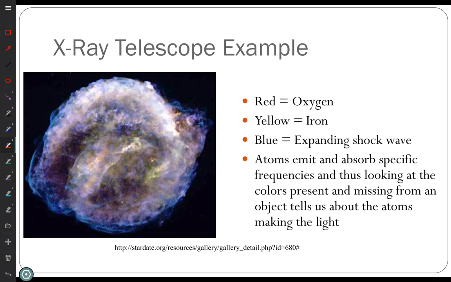The red is oxygen atoms, the yellow is iron atoms. But the blue is telling you about the motion. That's telling you where things are moving outward. And so you have the colors put together to give the data that the person wanted to see from this. But what you're seeing here is an explosion with super high energy.